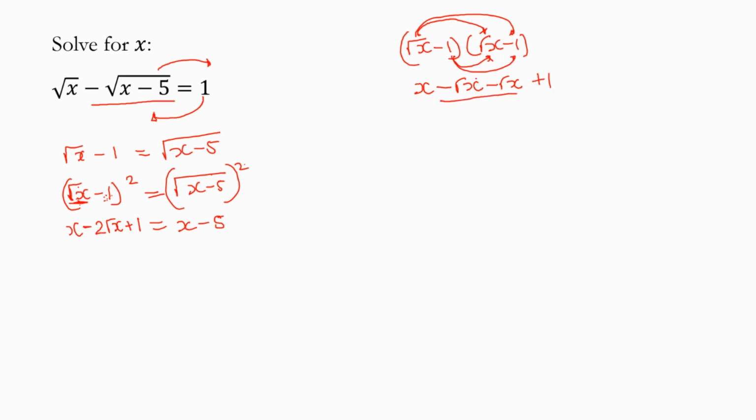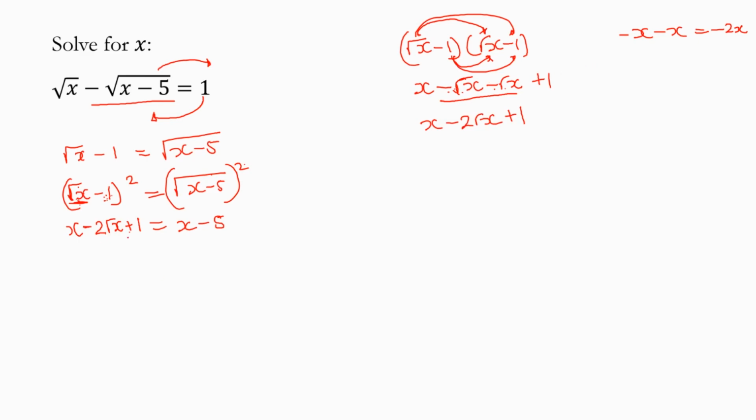Remember, treat the surd as what? As any variable, like x: negative x minus x, what do you get? You get negative 2x, isn't it? So it's the same thing here. Negative root x minus root x, we are going to get negative 2 root x plus 1, which is just the same as that. Remember, negative 1 minus 1 is negative 2.